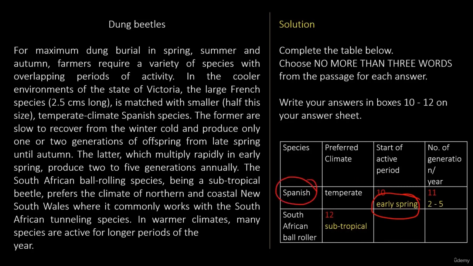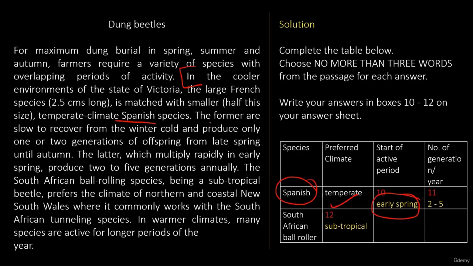Species, Spanish was mentioned together with French. In the cooler environments of the state of Virginia, I'm reading from here by the way, the large French species, which is mentioned, is matched with smaller temperate climate Spanish species. So this word comes into the picture and they have mentioned temperate. That means we are on the right track.